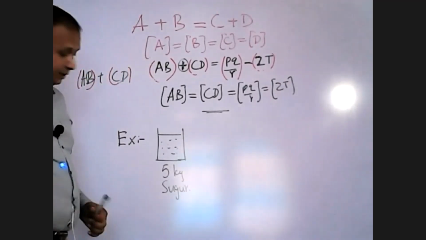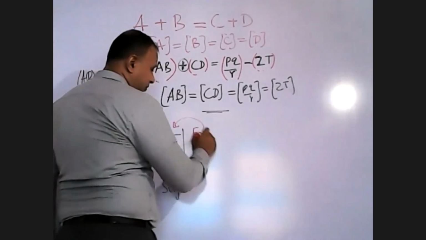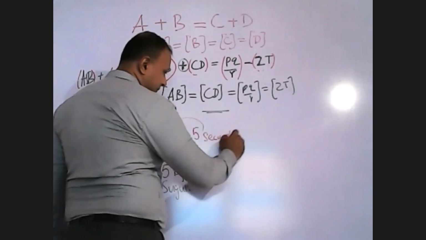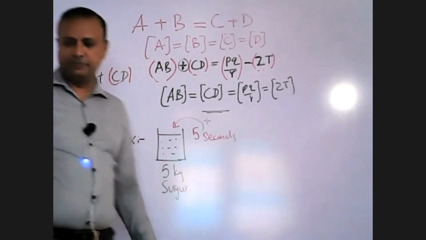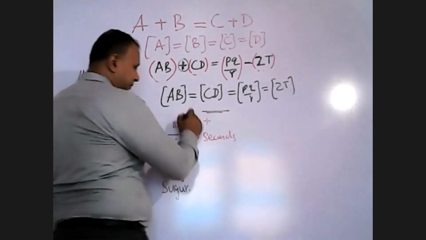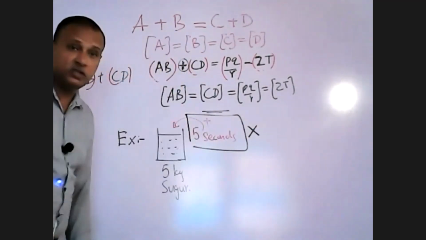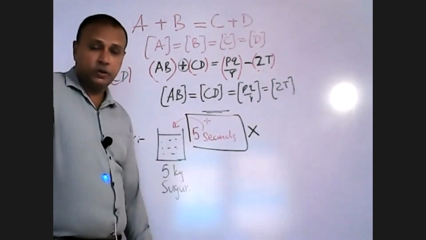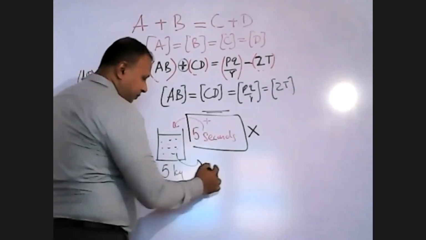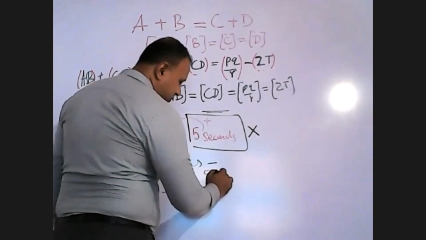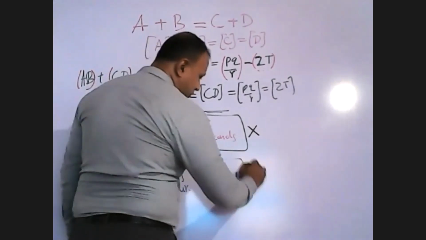Suppose there is a 5 kg sugar bag. Can you add 5 seconds here? I cannot add 5 seconds. This cannot be done. We cannot add 5 seconds to 5 kg of sugar, and we cannot subtract 5 seconds either.